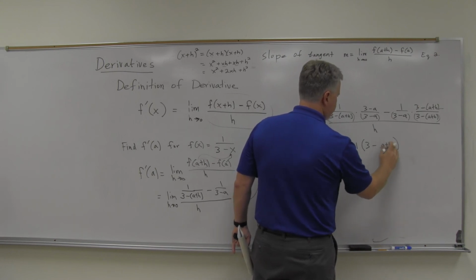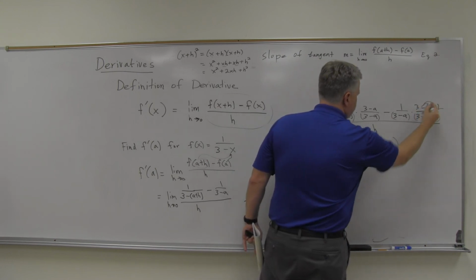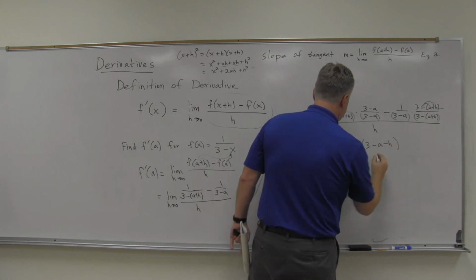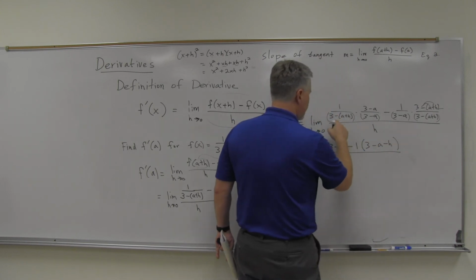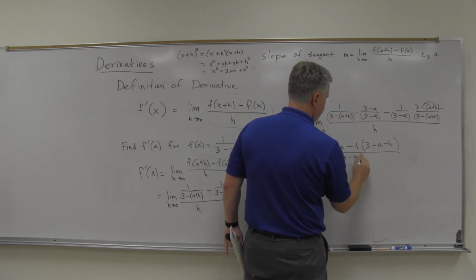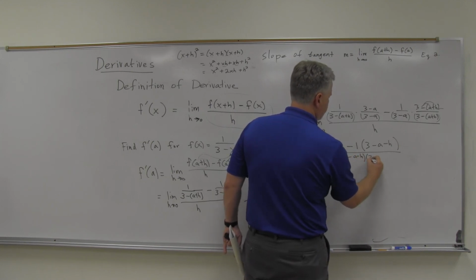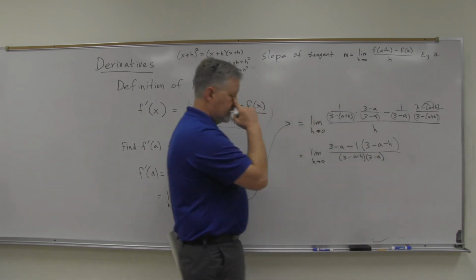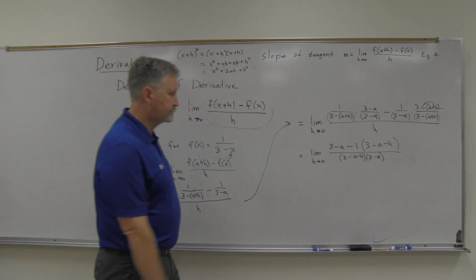Matter of fact, let's go ahead and make that a minus a minus h, because that'll make the distributing easier. And then the denominator will be 3 minus a plus h, or let's make that a minus h, times 3 minus a, over h.